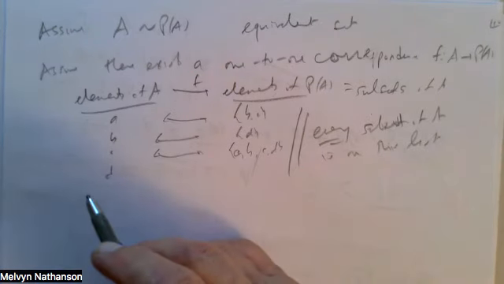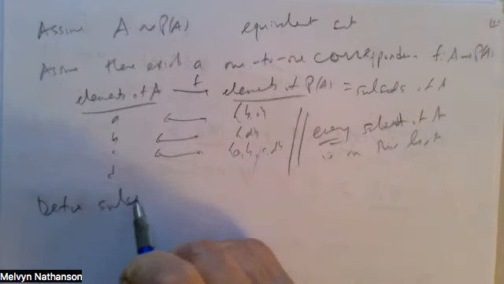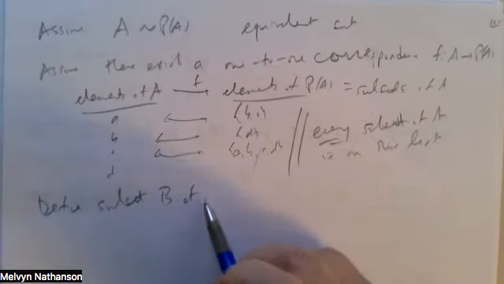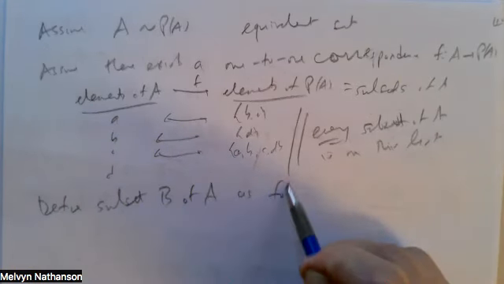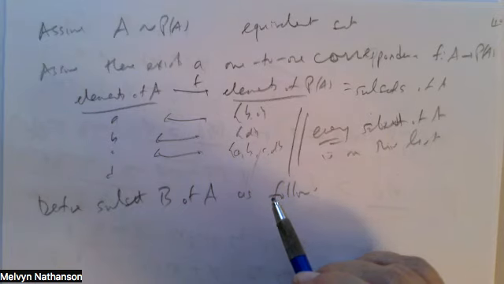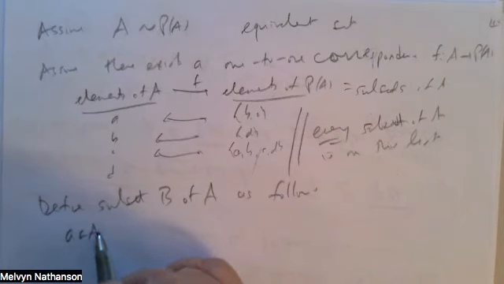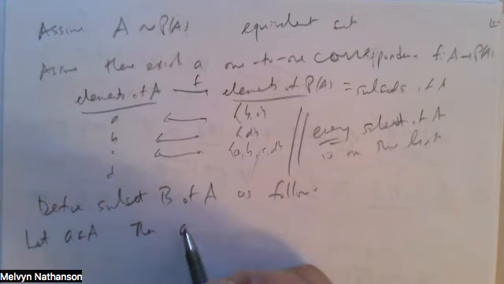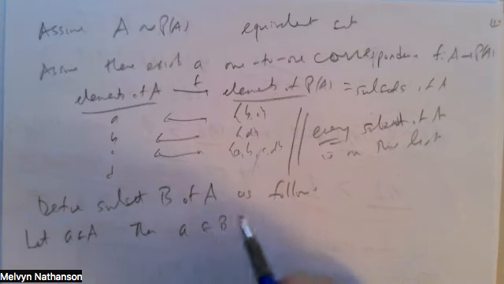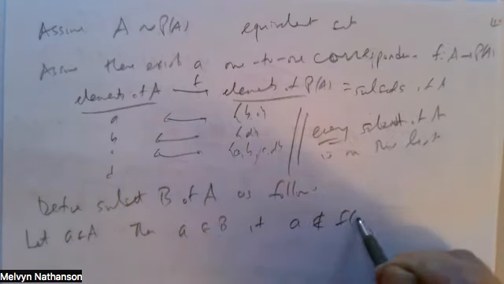So I want to define a subset B of A as follows. For an element a in A, we say that a is in the set B if a is not in F of a.